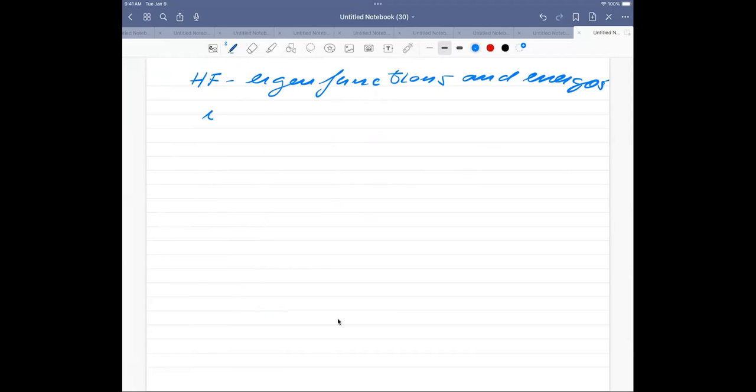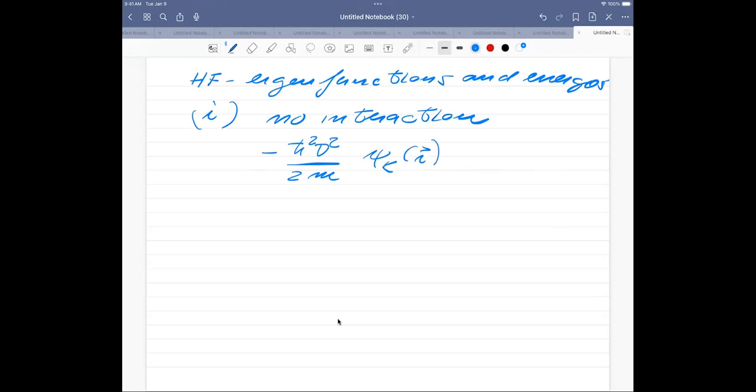So we are going to start with the first step, where we assume that we have no interaction. In that case, we have simply the kinetic energy divided by 2m, multiplied with psi of k of r, and this is given by some epsilon k, 0, just to indicate that we have zero interaction, multiplied with psi of k of r.